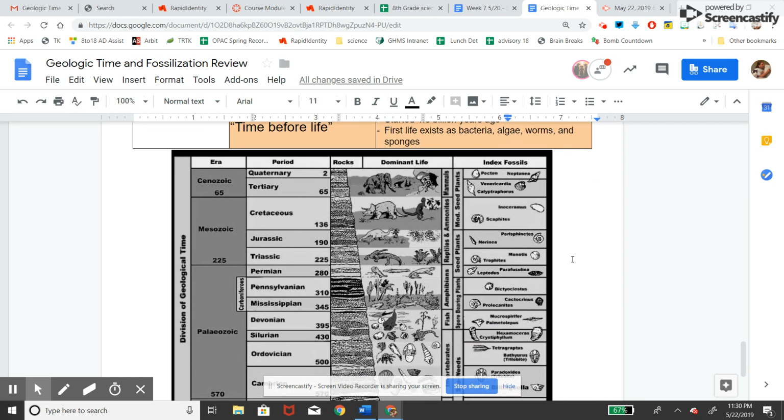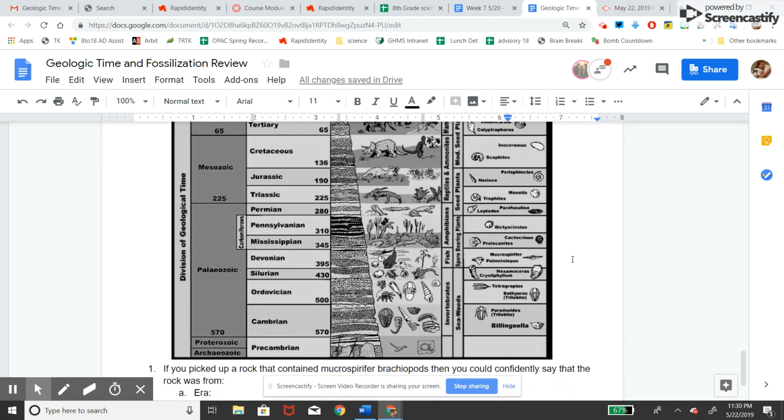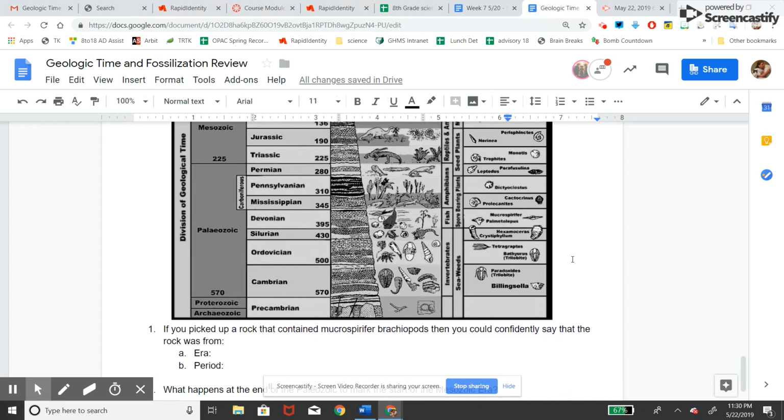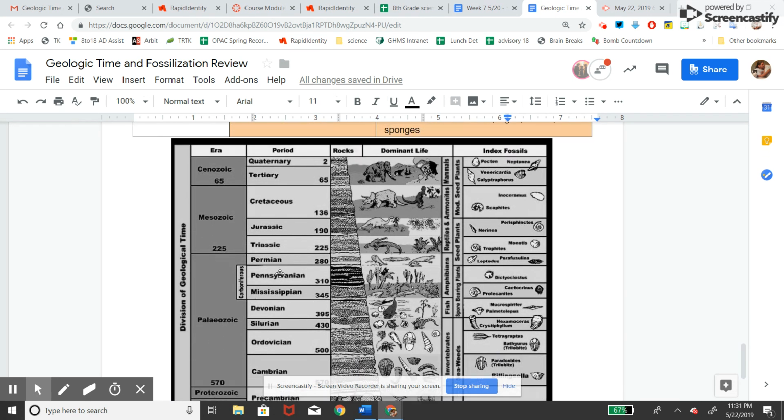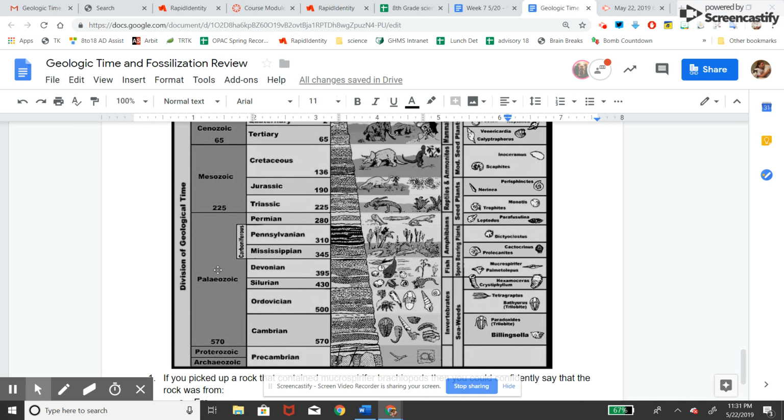Here's a representation of geologic time with important things that happened. If you pick a rock that contains Mucrospirifer brachiopods, you could confidently say what time the rock was from. So if you look, here's that strange word. You come across it over here, in the Devonian period and the Paleozoic era.